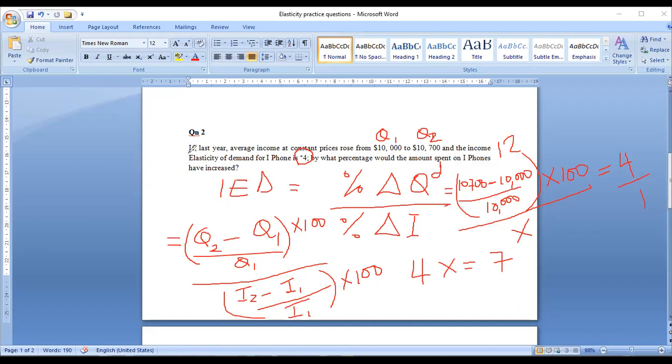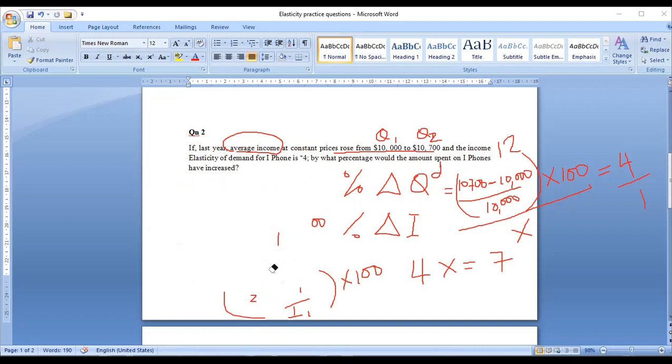Because the question is saying, if last year average income at constant prices rose, it is the average income that rose, not the constant prices. So you see how I make students participate.